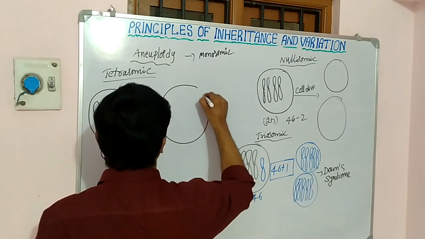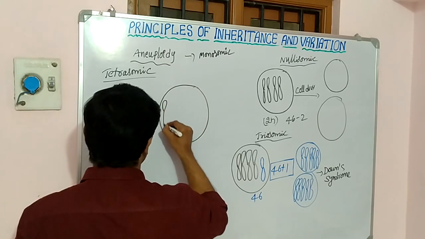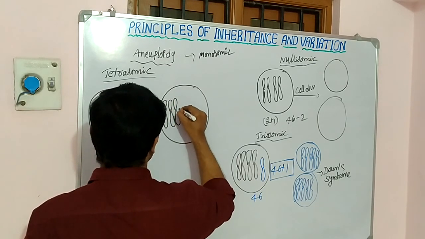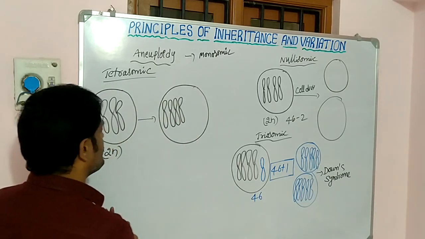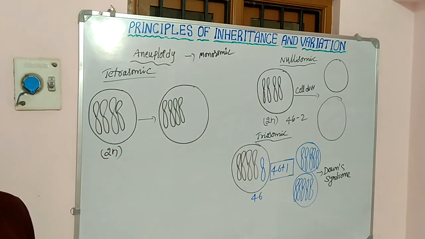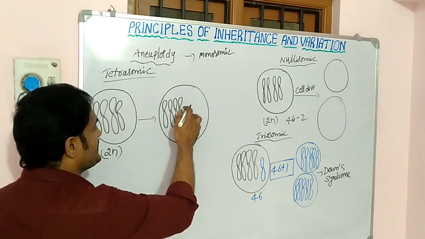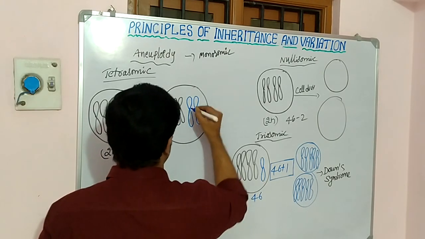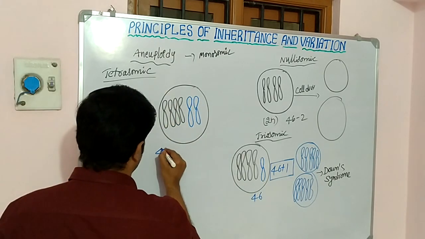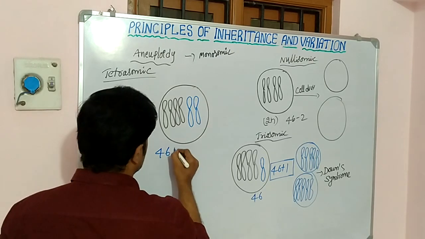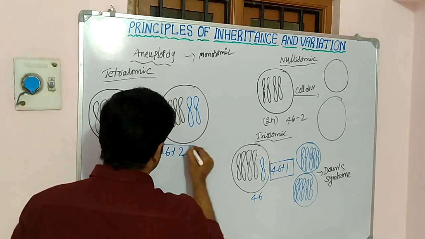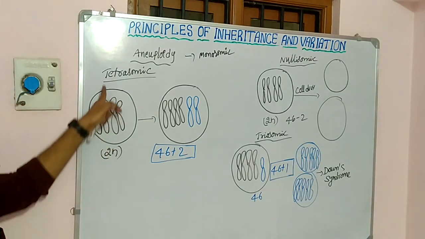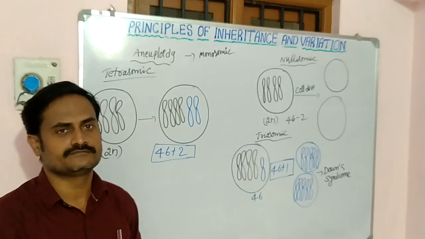The normal cell having 46 chromosomes has two more chromosomes added into this cell. Normal number 46 plus 2. This condition of the cell is called tetrasomic.